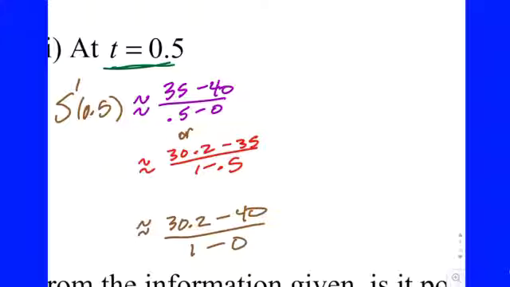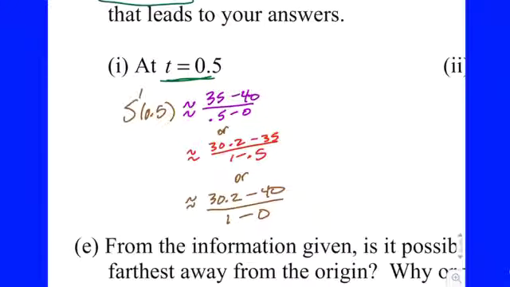All right, so when the point you want to approximate the slope at is in the table, and the 2 values on either side are equidistant, you have 3 options. That point and the one to the left, that point and the one to the right, or the 2 points straddling it. All right?